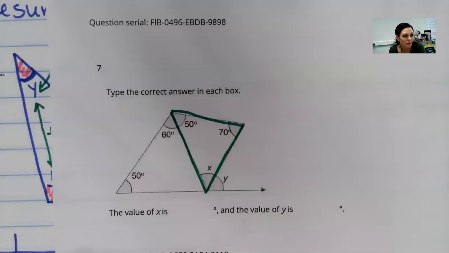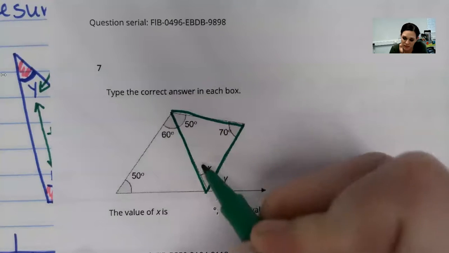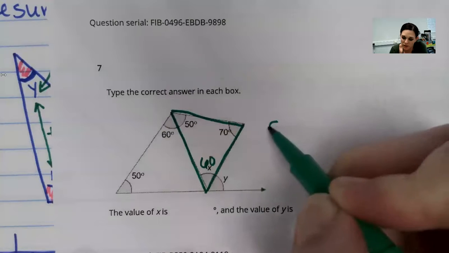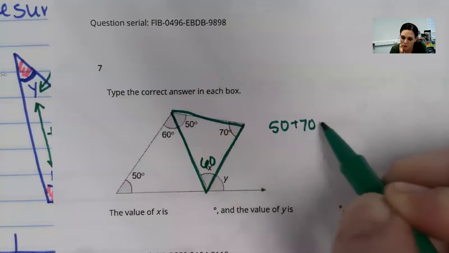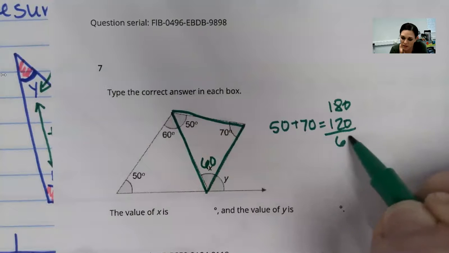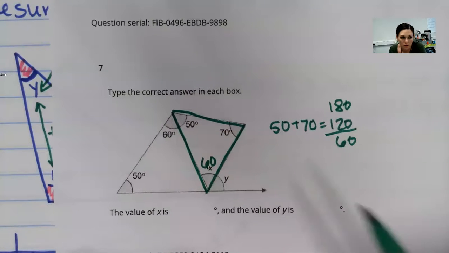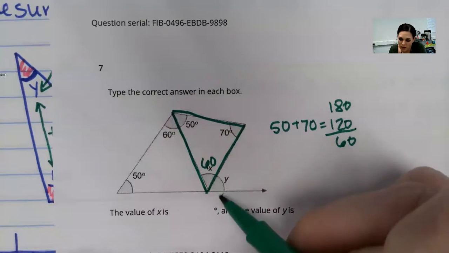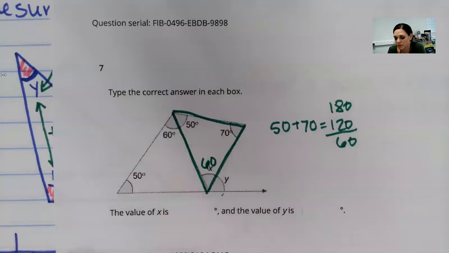So its value would have to be, nice, it would have to be 60 because 50 plus 70 makes 120, and 180 minus that 120 gets us 60.